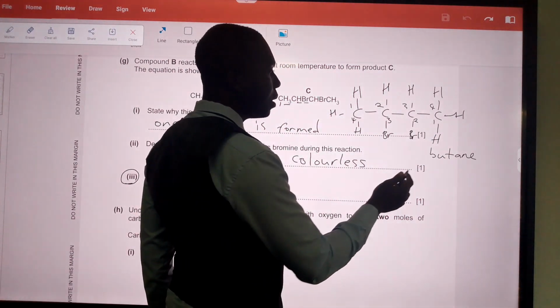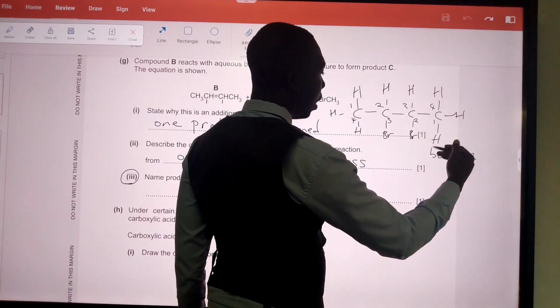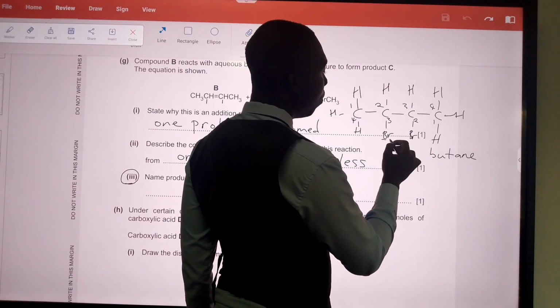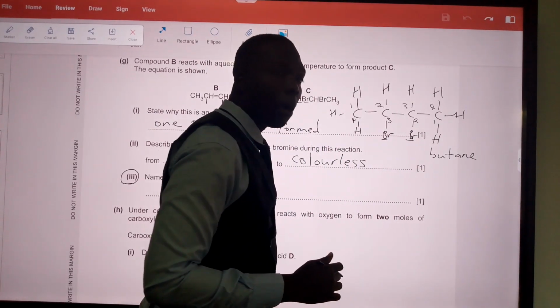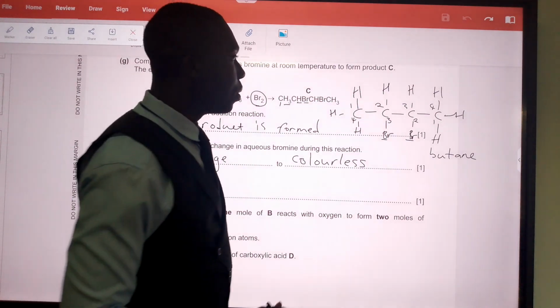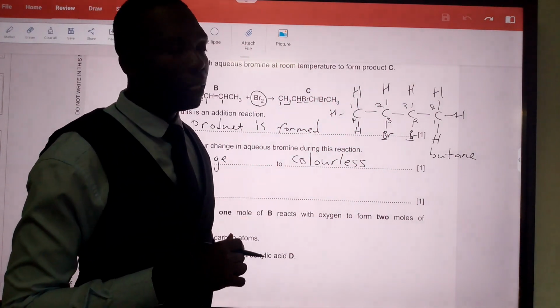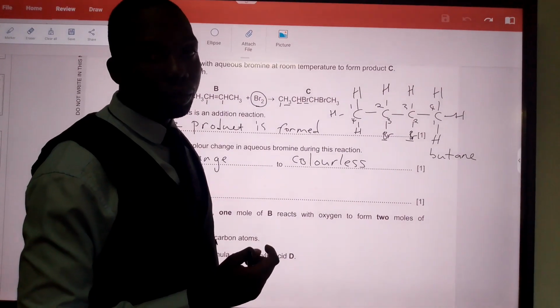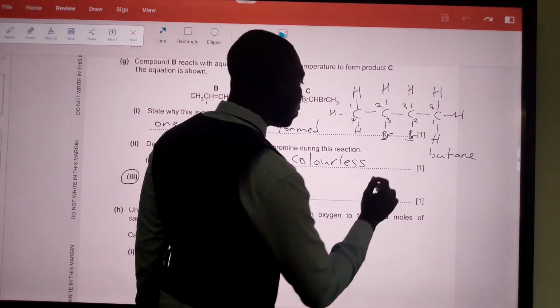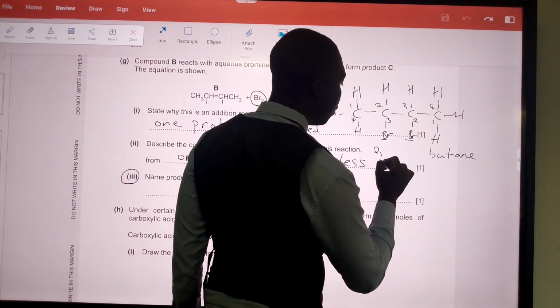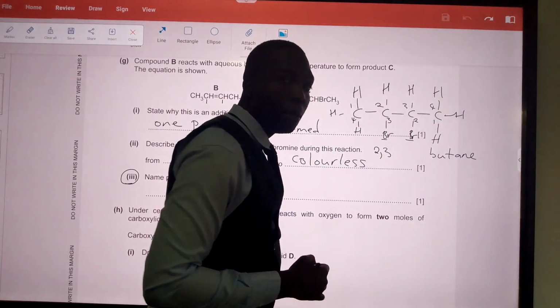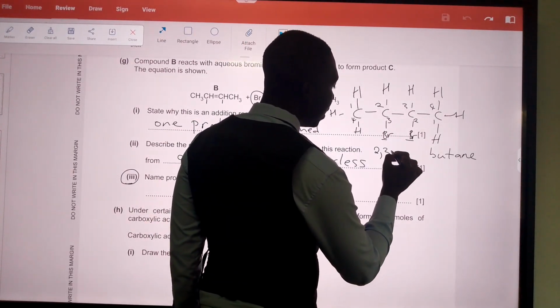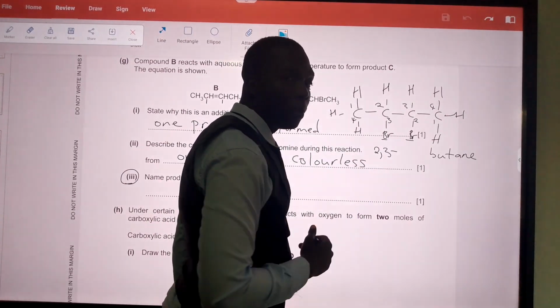However, since this butane molecule has 2 bromine atoms, we have to account for that in our name. So we also indicate the position, the number of the carbon to which they are attached. The first one is attached to carbon number 2, the other to carbon number 3, and we separate numbers and letters with a dash.